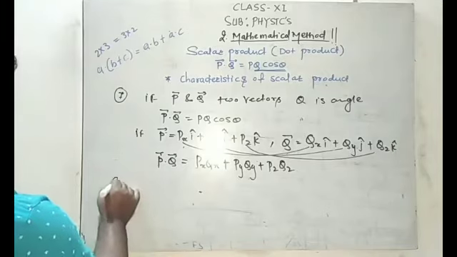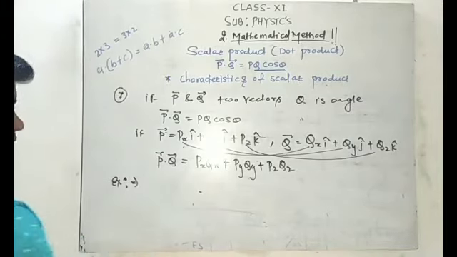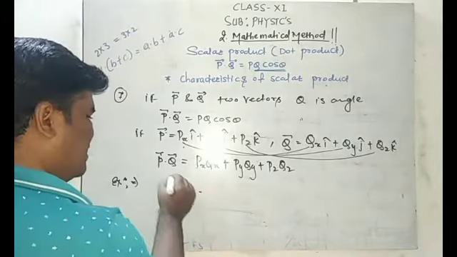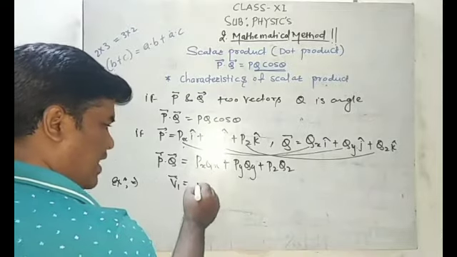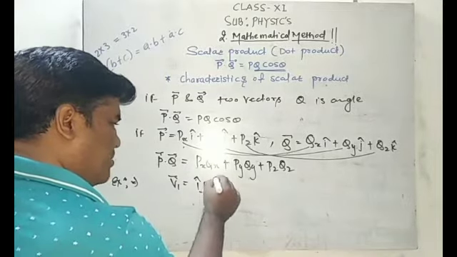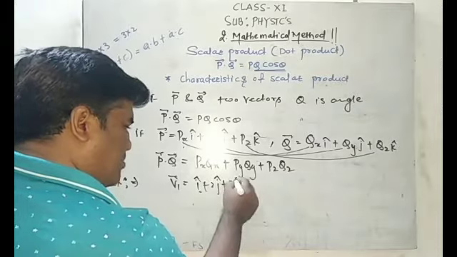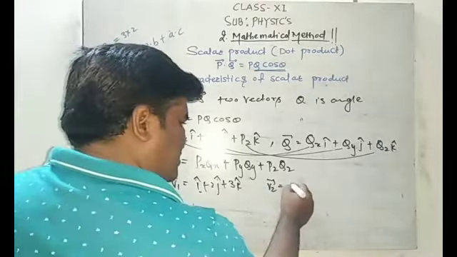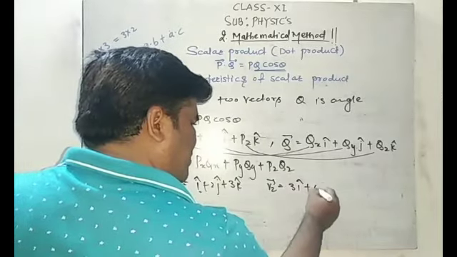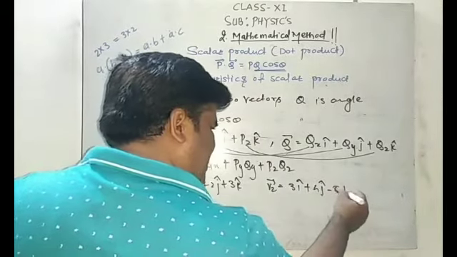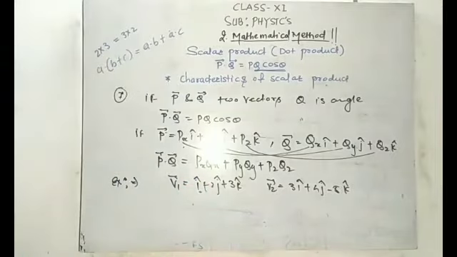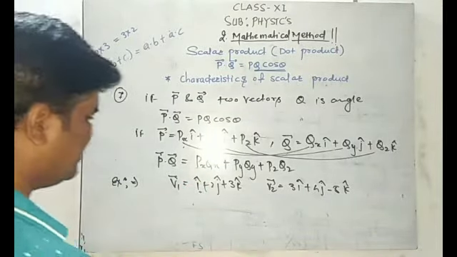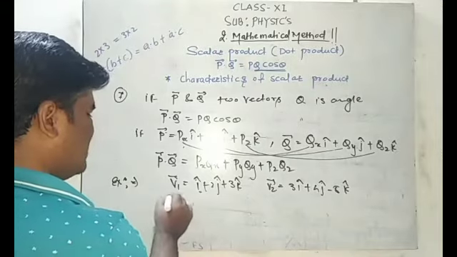So for example, we take an example here. V1 bar is equal to i cap plus 2j cap plus 3k cap, and V2 bar is equal to 3i cap plus 4j cap minus 5k cap. These two vectors are given, and we have to do a scalar multiplication here. So what is the scalar multiplication?